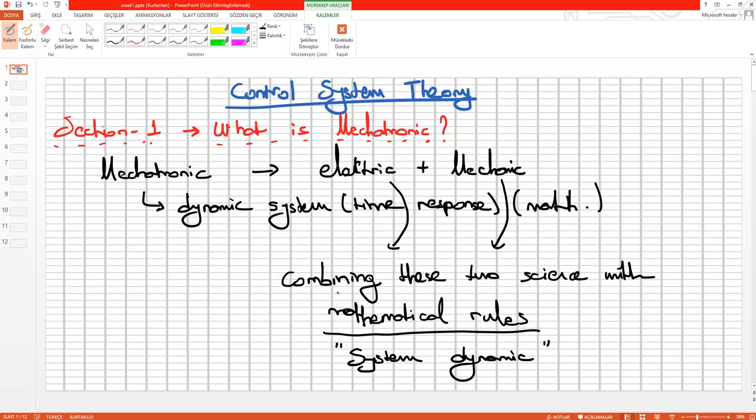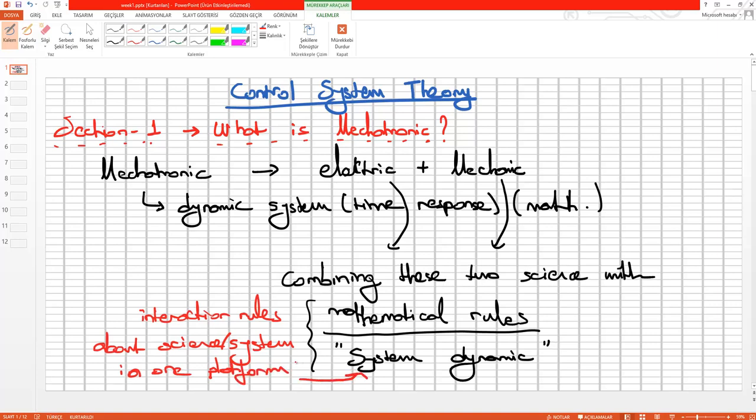Okay, but we need to interact this system in one basic domain, and so we need to give the interaction rules about the science or the system in one platform, right? Which is called system dynamics.